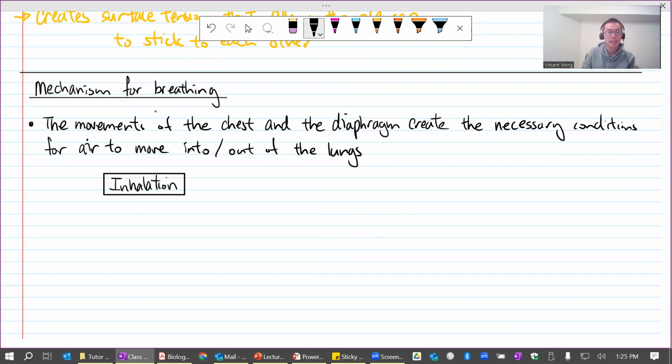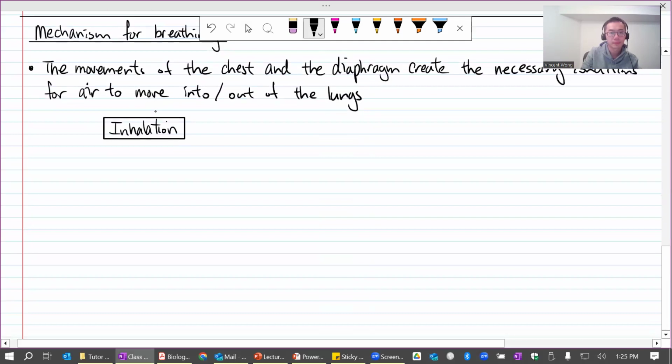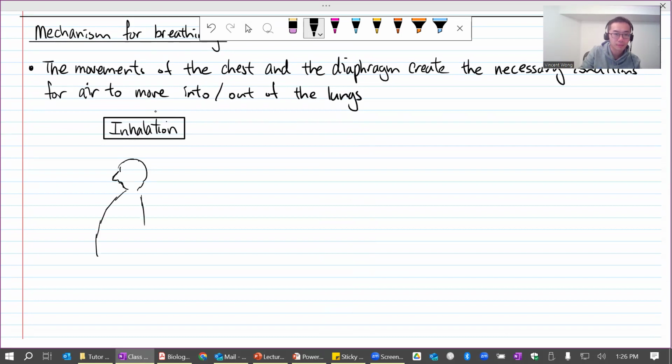Okay, let's start with inhalation. Now this diagram is an exaggeration, not to scale. It is very exaggerated to help you remember it. All right, so this is the person.